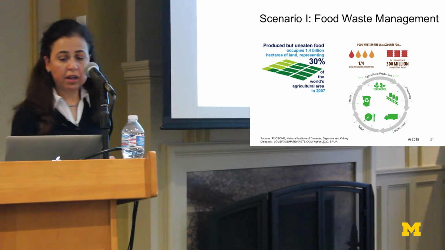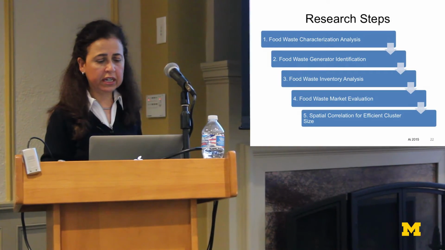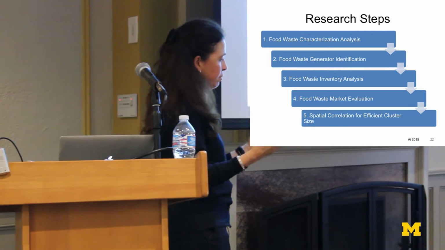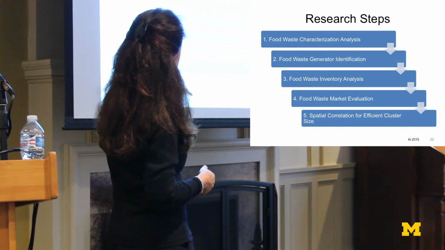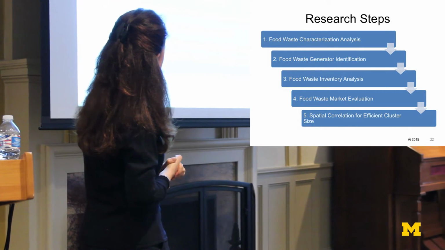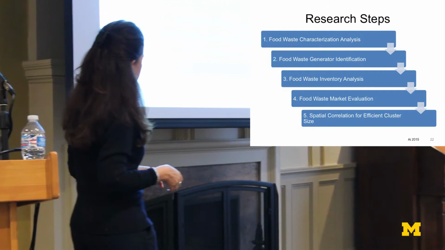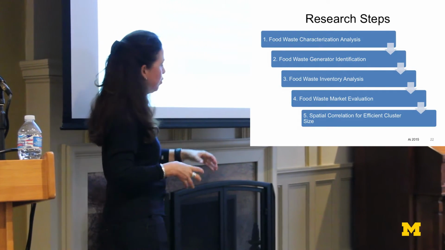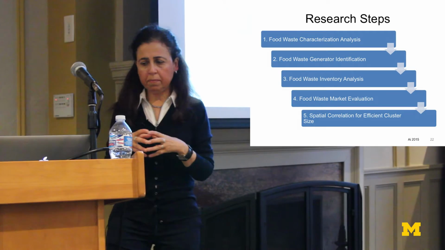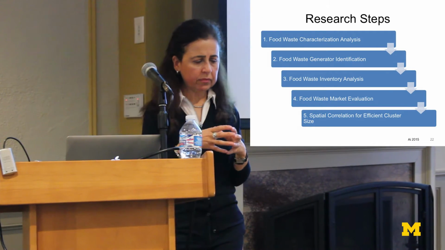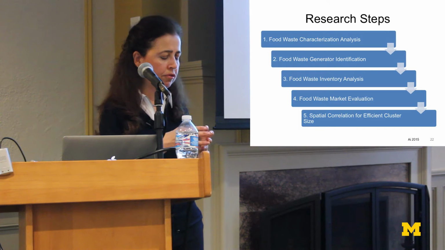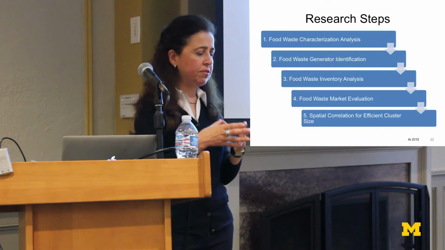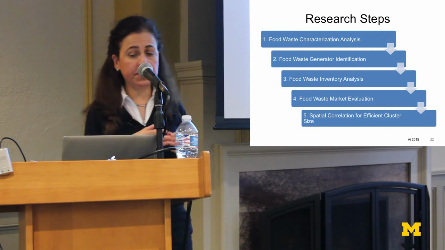So these are very impressive numbers. Ning devised steps to start looking at this huge problem, and finally, the last one was to find the best way to optimize the regions of exchange of the food generation with the food consumption.